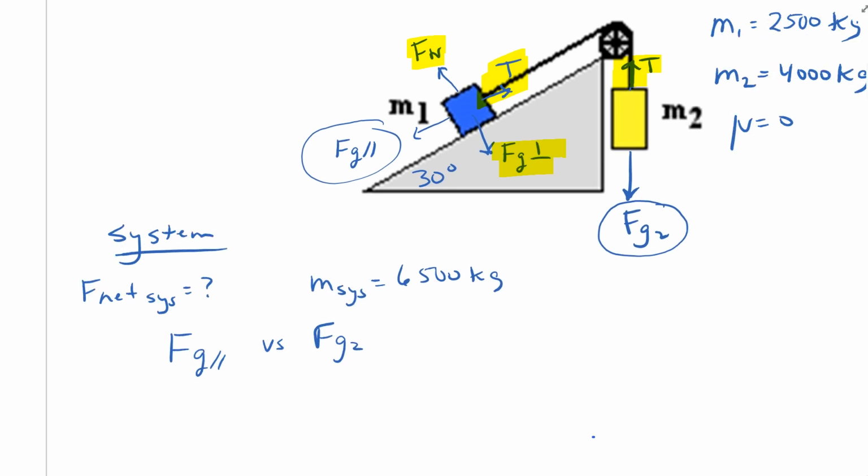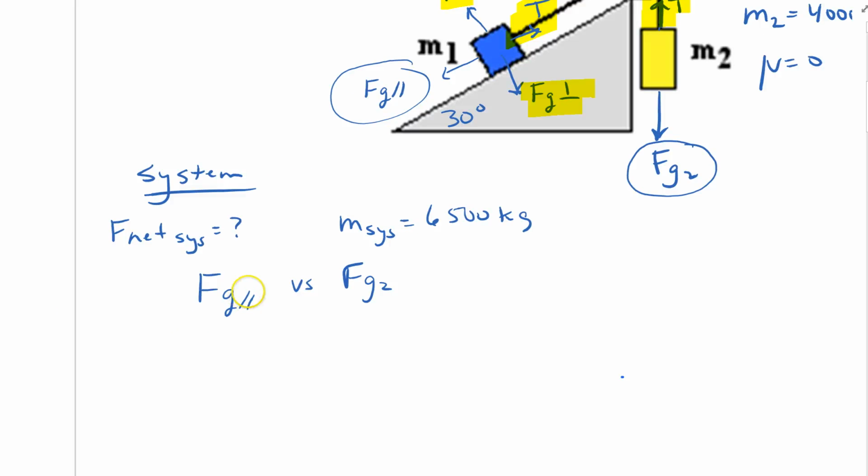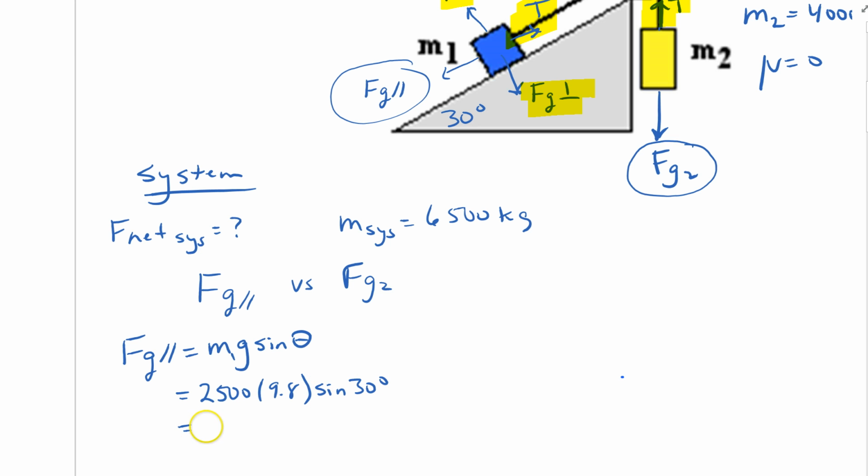So FG parallel, if you recall, these two lines look to me like a slide. So I'm going to say FG parallel is equal to mg sine theta, and it's m1g sine theta, and so that would be 2,500 multiplied by 9.8 multiplied by the sine of 30 degrees, and it turns out to be 12,250 newtons.